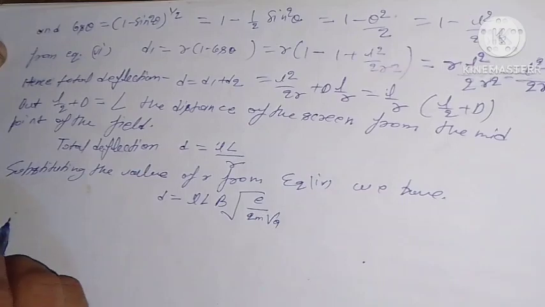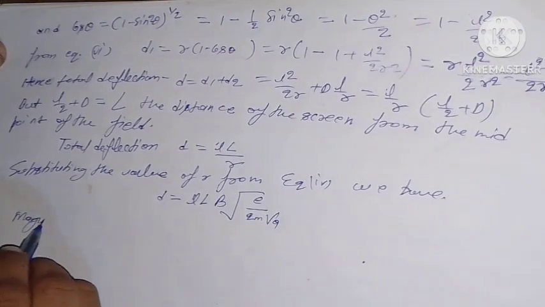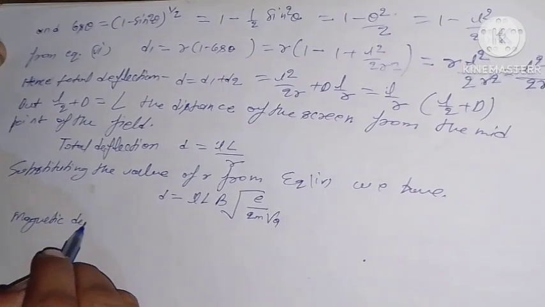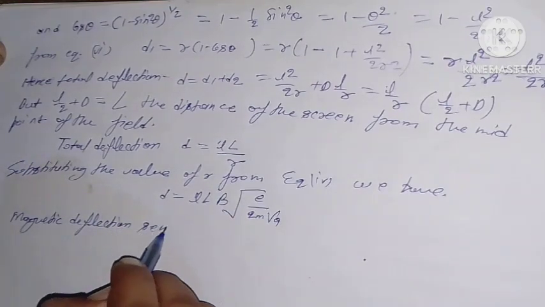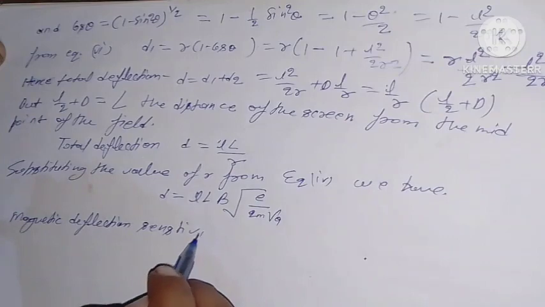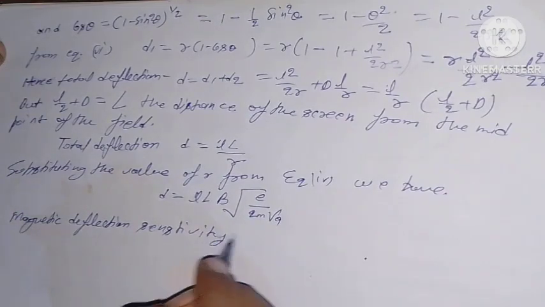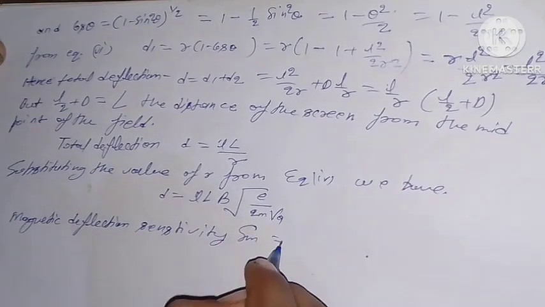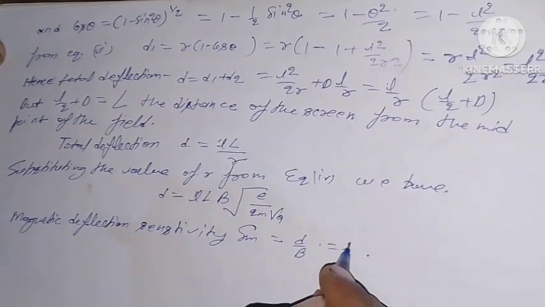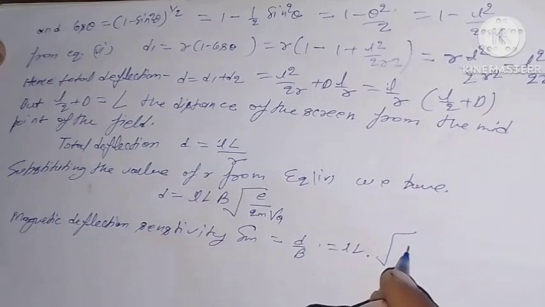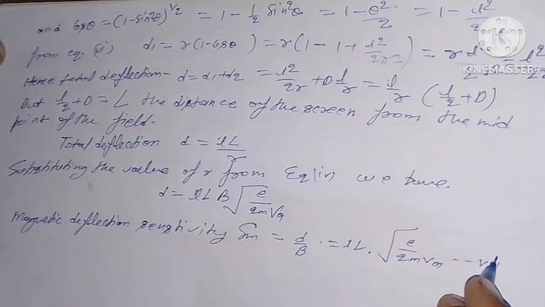Magnetic deflection sensitivity SM equals D by B equals L capital L under root of e by 2mVA. That is equation number 8.